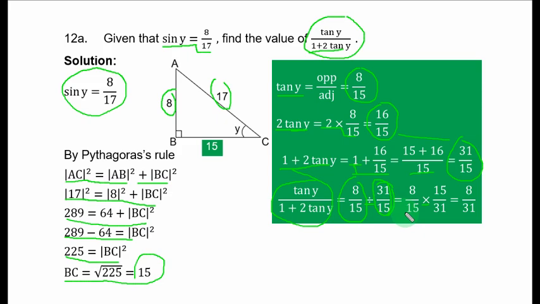So you have 8 over 15 times 15 over 31. 15 removes 15, and you have 8 over 31 as the value of tan y over 1 plus 2 tan y if sin y is equal to 8 over 17.